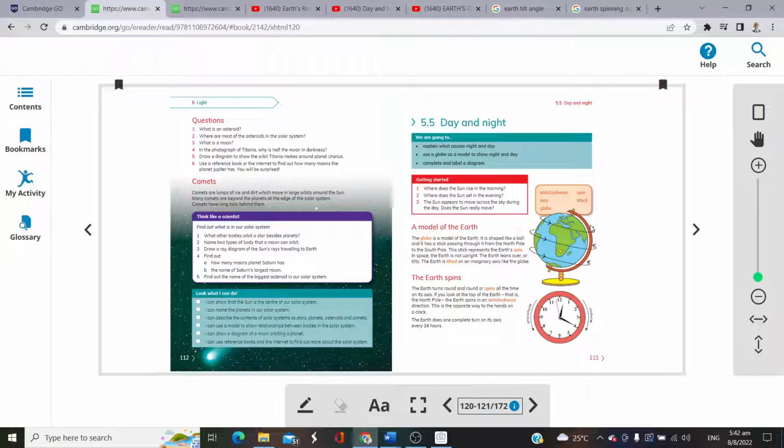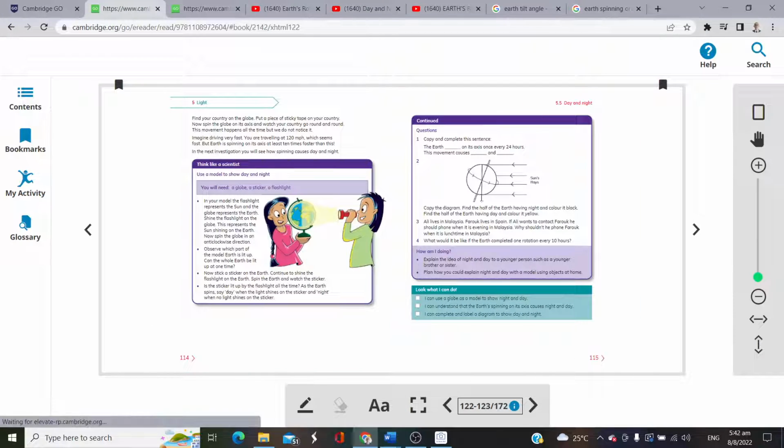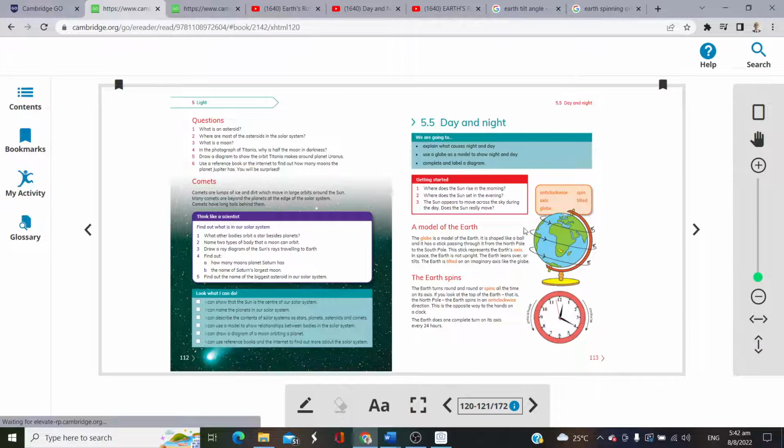But in our next class, I will bring the globe to show you, which I think has a light. So we will try to do this like a scientist later. Okay. So for today, you need to know the theory of what these things are.